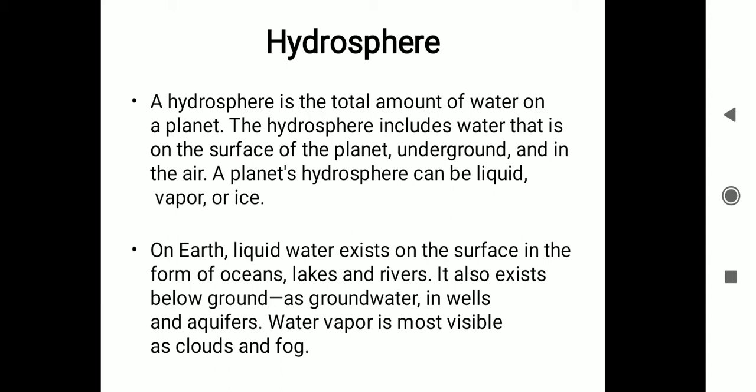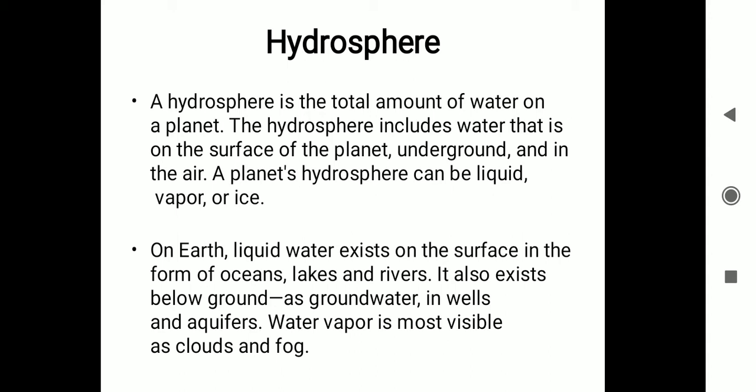The hydrosphere includes water that is on the surface of the planet, underground and in the air. Means whether it is on the surface of the planet, underground, or in the air, we include all forms of water in hydrosphere.